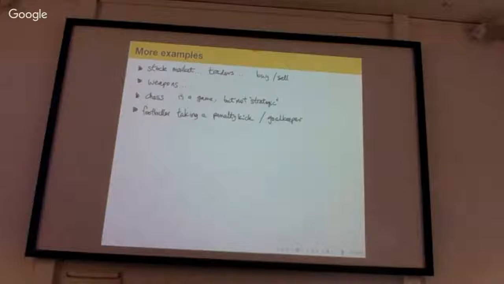Essentially, the kick taker has to decide where to kick the ball, and the goalkeeper has to decide where to jump. There's not enough time to react to where the ball has been kicked. So it's a strategic game in this sense as well, and it can be analysed. I think Philip Sinclair has a third-year project on analysing penalty kicks, if anybody's interested in that.